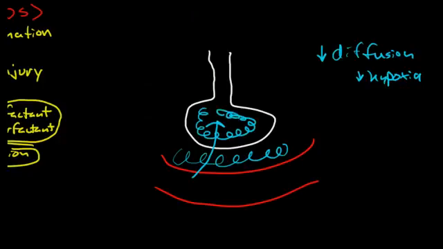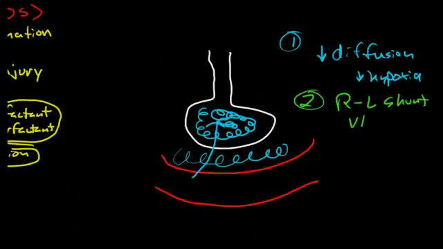And if we flood the alveoli, we're going to end up with a physiologic right to left shunt. Okay? So number 1 is decreased diffusion. Number 2 is a right to left shunt. Or you can think about it as a VQ mismatch.